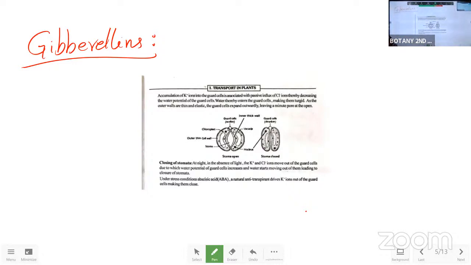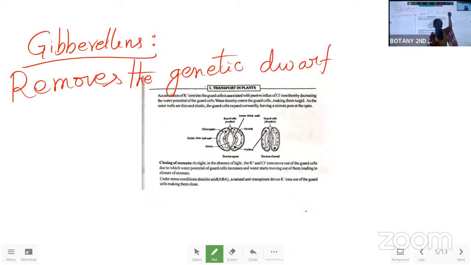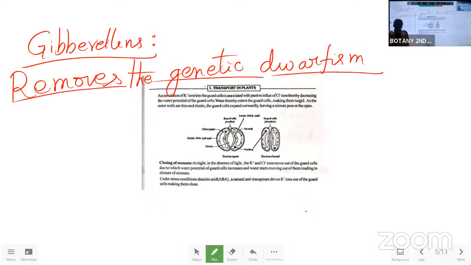And the next point will be the gibberellins remove the genetic dwarfism.